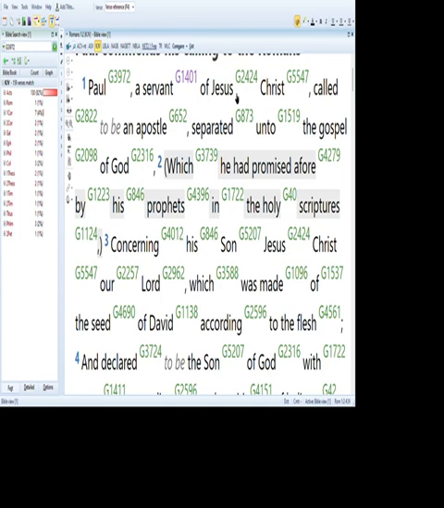Anyway, the NASB uses, for the word doulos, bondservant, bondservants, bondslaves, both men and women, and then servants, and slaves, and slave's, and it tells you in each case how many times they translated it. 58 times it's translated slave, and 39 more times with the plural, so it's the same thing.